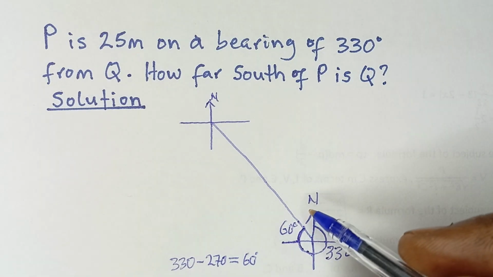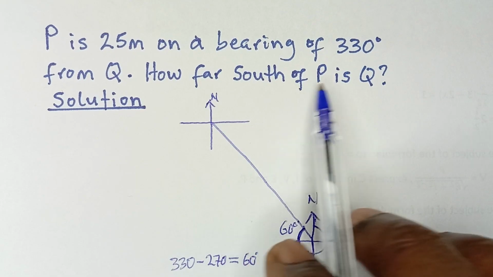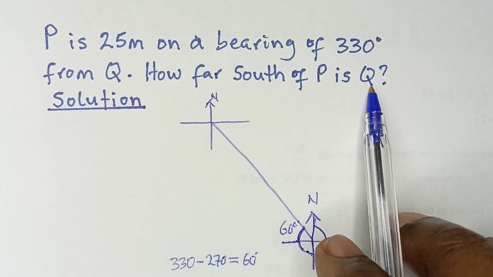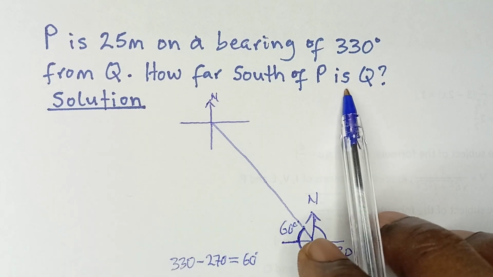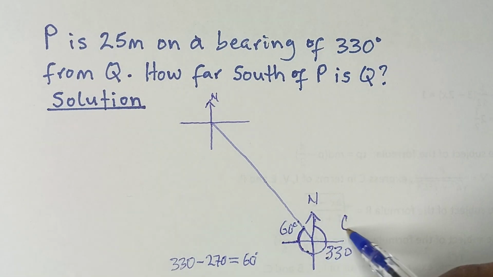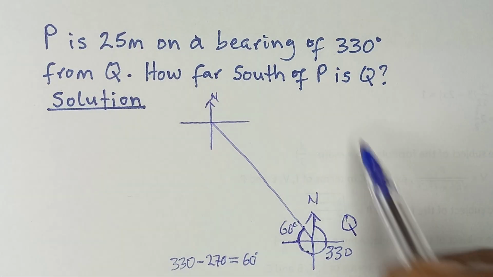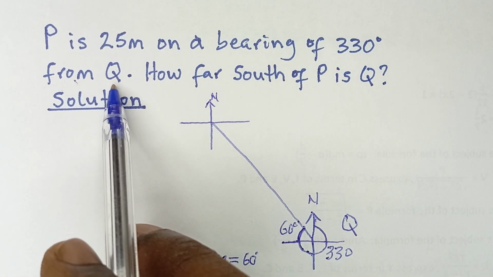Now don't forget, the question says, how far south of P is Q? Don't forget, this is our point Q. That is where we measure from. In bearing, when it says from, it is that point that you have to measure your angle from.